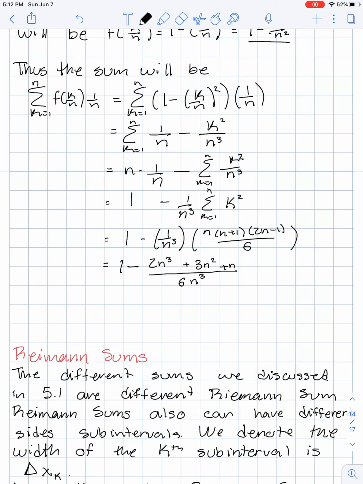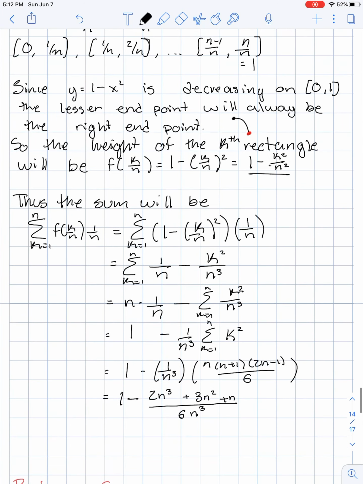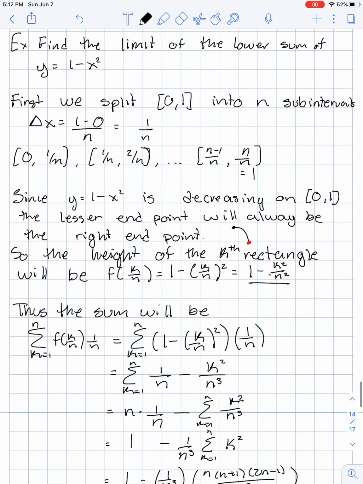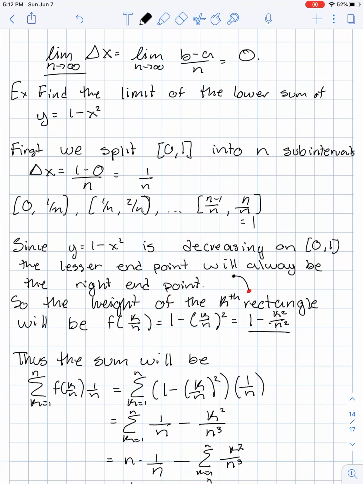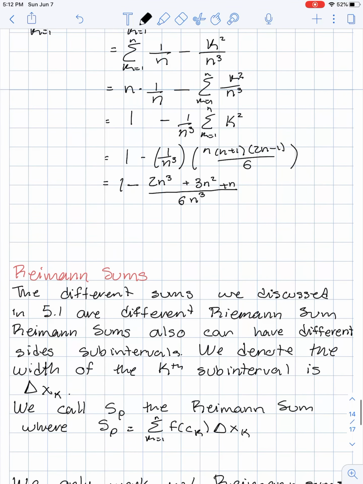All right, so now I have something that I can plug in for any number of n and get the lower sum approximation of the area, right? So we care about the limit as n goes to infinity.